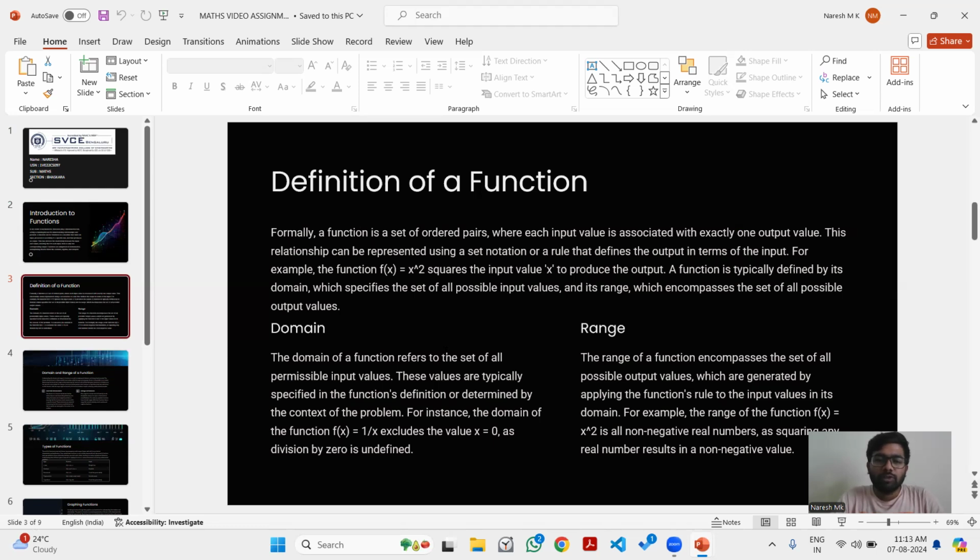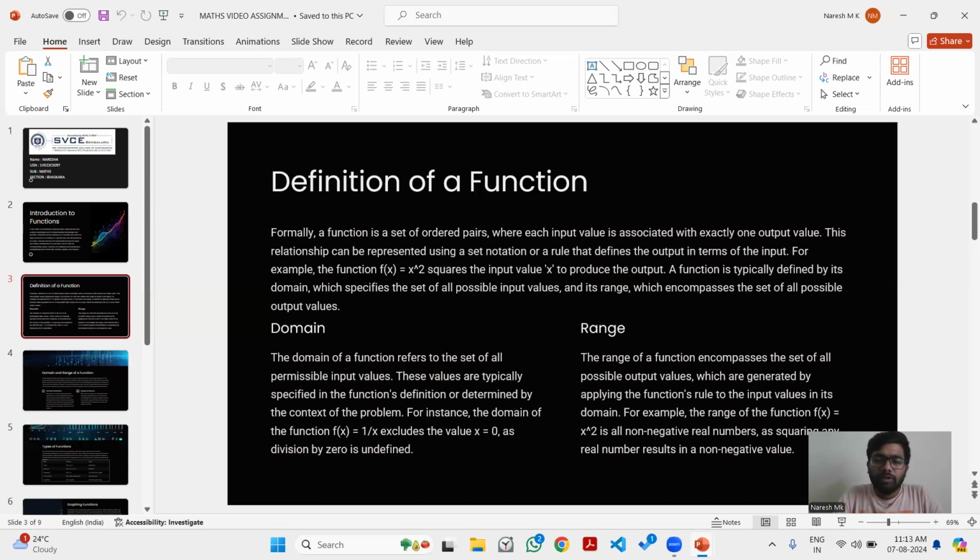The domain of a function refers to the set of all permissible input values. These values are typically specified in the function or determined by the context of the problem. For instance, the domain of the function f of x equal to 1 by x excludes the value x equal to 0, as division by 0 is undefined.